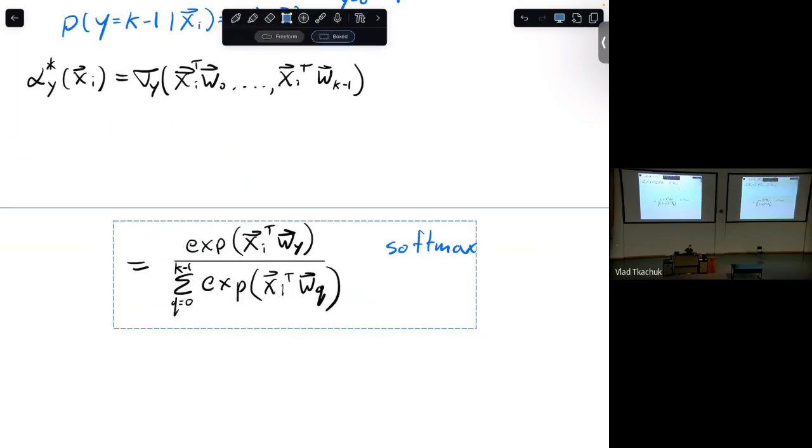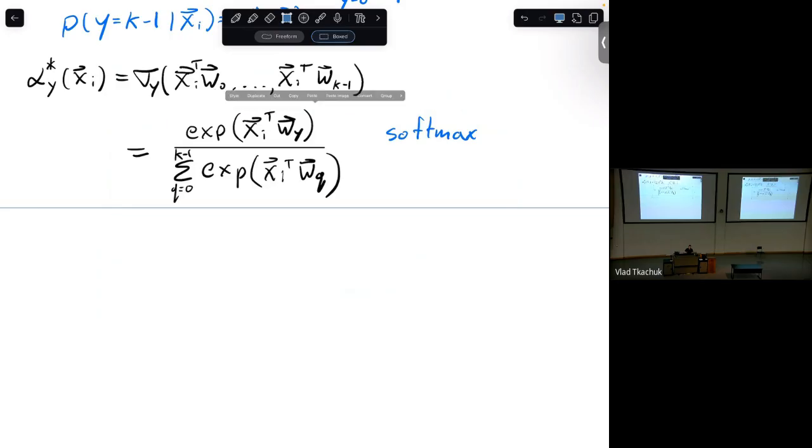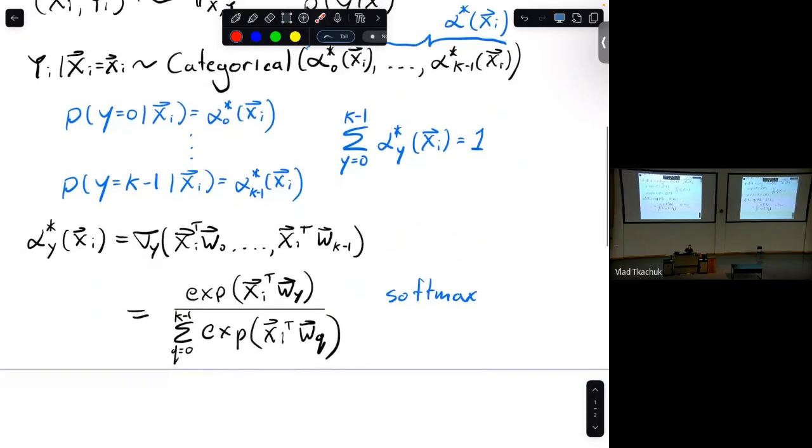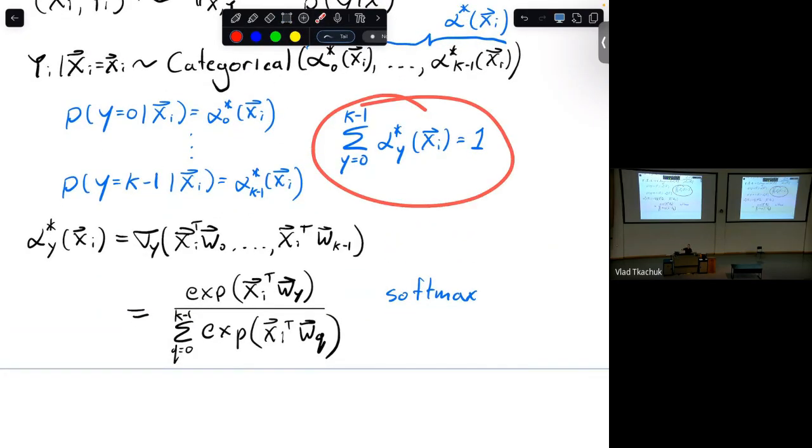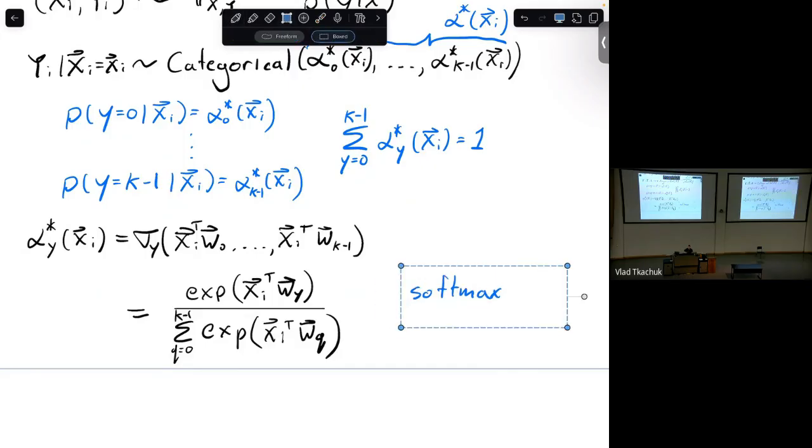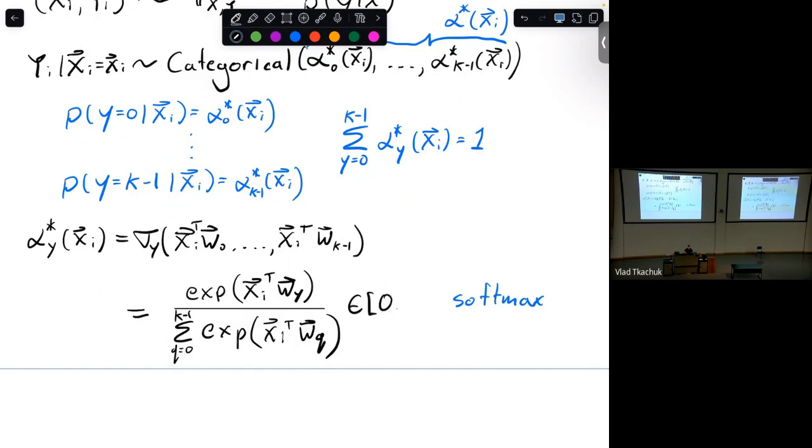Yeah, so this is our softmax function. And hopefully it makes sense that we had to move from the sigmoid to the softmax because we want this thing to sum up to 1. And maybe I can also make it clear, this thing is an element of [0, 1]. Okay.